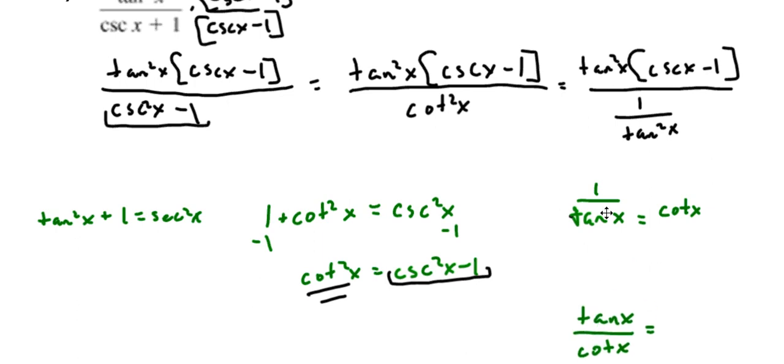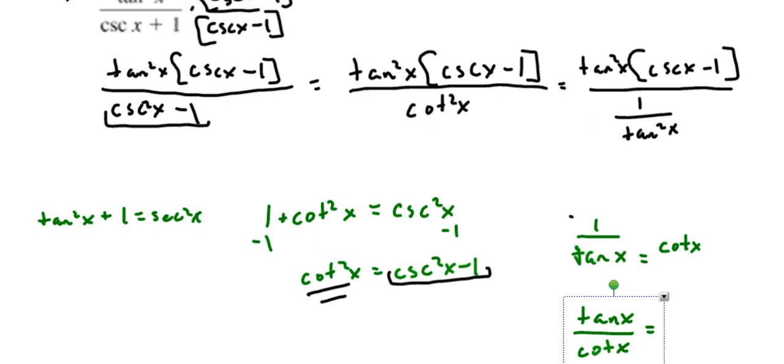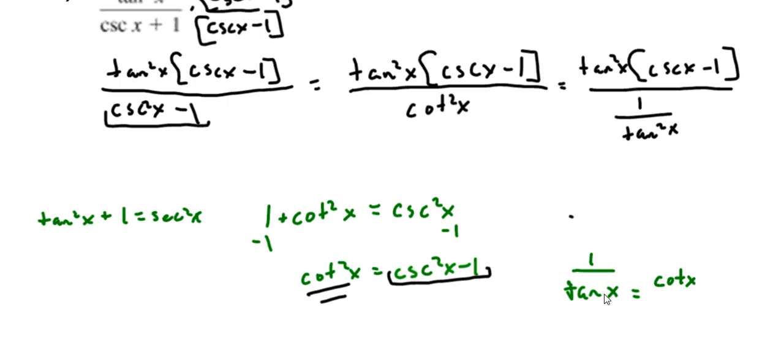And so I now have a final answer. I don't know why I have that there, I apologize. Let's get rid of that. And so I have a final answer of tangent to the 4th x, because tangent squared times tangent squared, times the quantity cosecant of x minus 1.